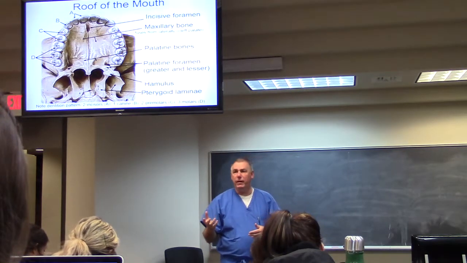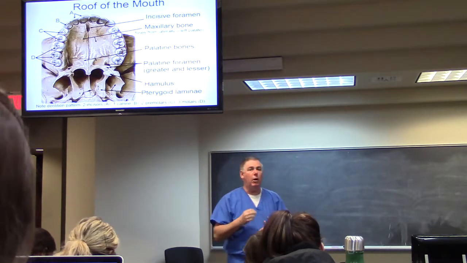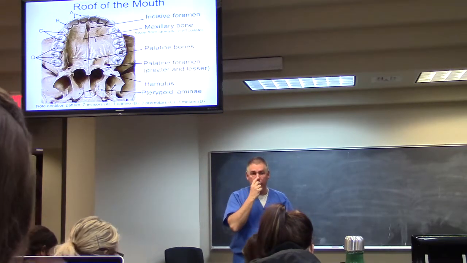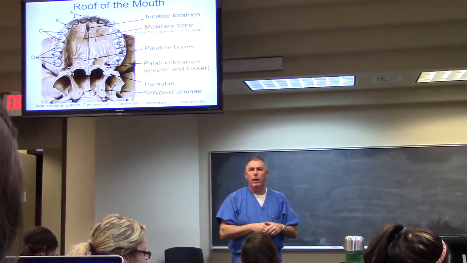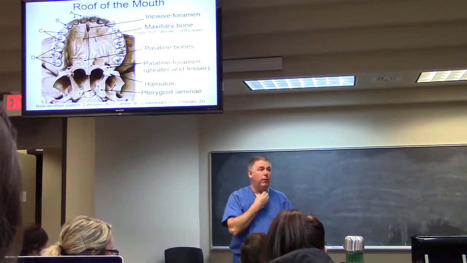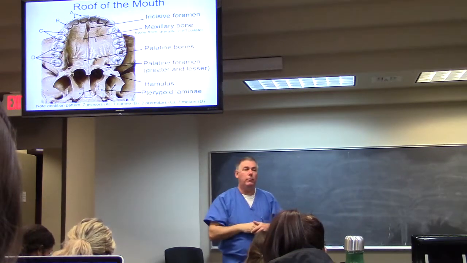People on blood thinners can have posterior nosebleeds. Unfortunately, because the arteries back there that supply the nose and oral cavity are so large, you can bleed to death or asphyxiate from the amount of blood that drains down your throat.